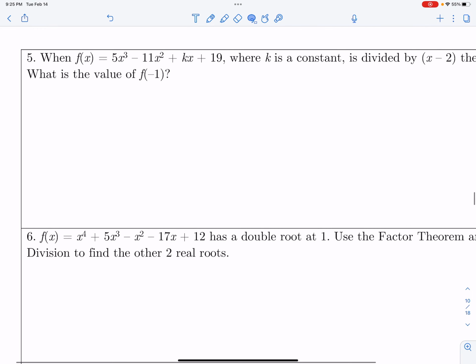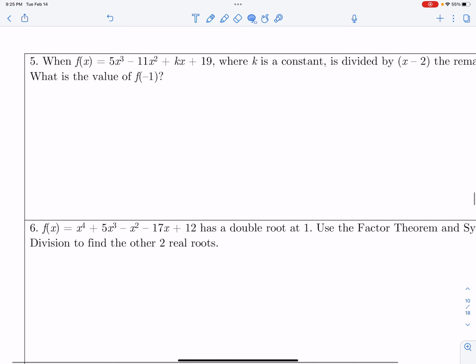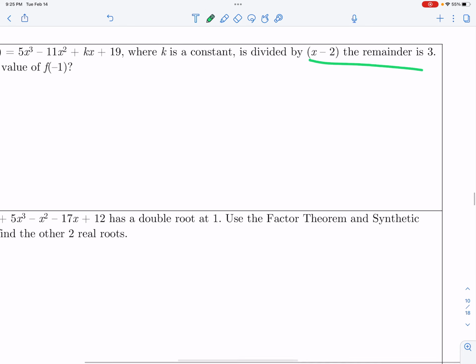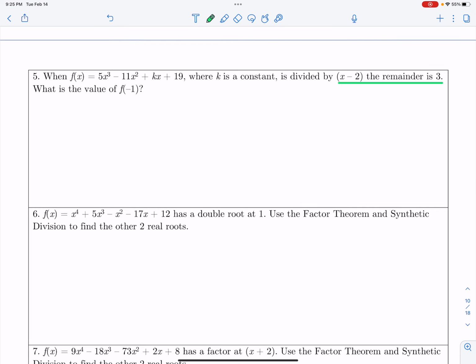Okay, so for number 5, I'm going to use synthetic 2 times, and there's going to be a reason why I use it 2 times. The first time, I'm going to use it because I have x minus 2, and the remainder is 3. So I know that I have 2 inside my little house. I'm going to bring down my coefficients, and I know that my remainder is 3 right here.